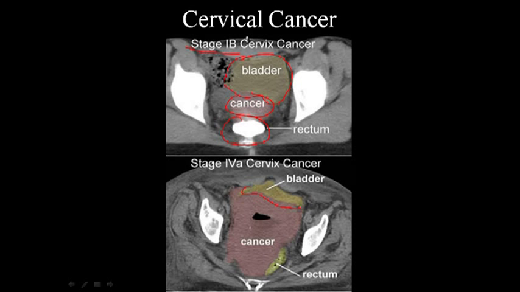Here we have the bladder being compressed, which would be one of the things that we could actually look for, and the rectum being pushed over to the side, and then a large cervical mass.